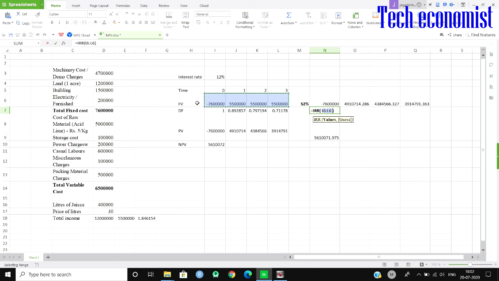The future value money is taken, which gives us an IRR of 52%. With this you can interpret that it is feasible, because there is 1.8 rupees of returns for every rupee invested. So it is going to be absolutely a feasible project.